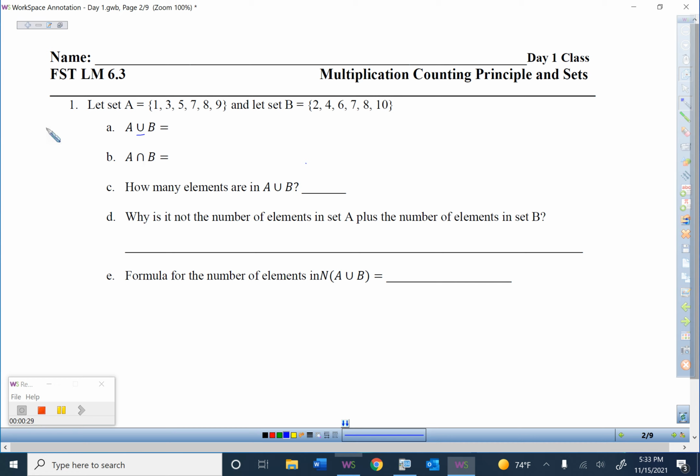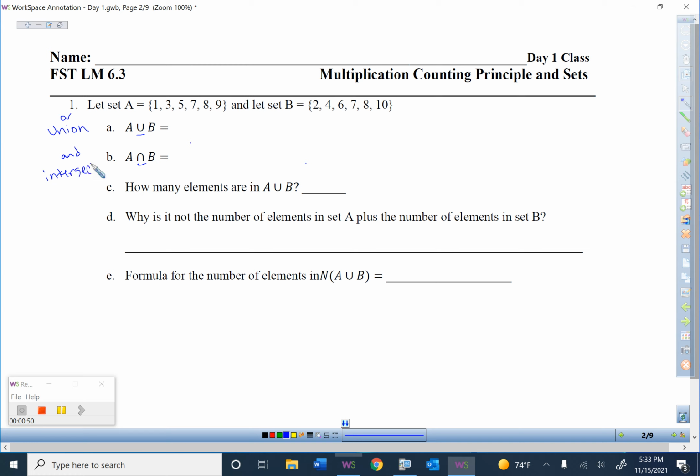So this U is familiar from domain and range. Okay, that means union. And regarding English words, that's going to look like an OR. This second symbol that looks like an N is AND in English stuff, and it means intersection.